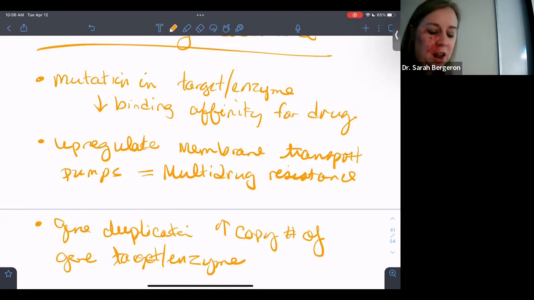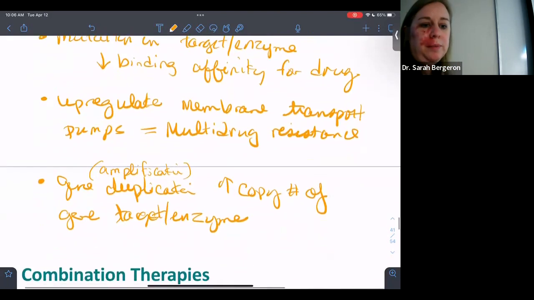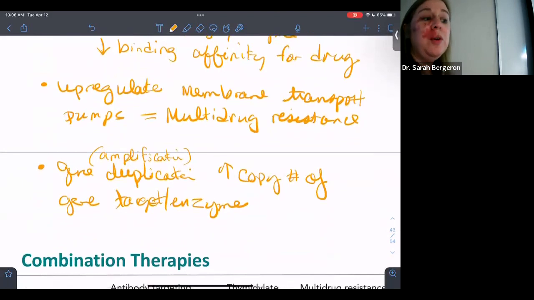Sometimes they call it gene amplification, depends on what you're reading. But these are 3 different ways that cancer cells can become resistant.